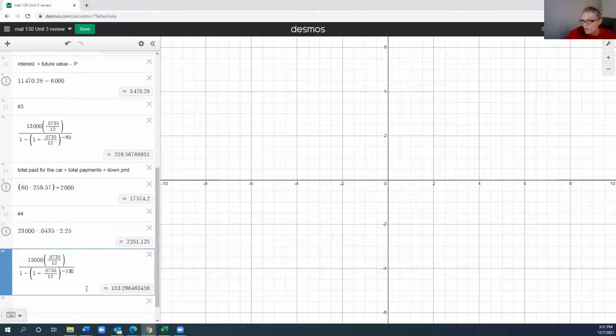That's going to be 120 payments, and my interest rate is 0.0435. I have to edit what I'm borrowing, which is $25,251.13, and then edit my interest rate in the denominator as well.